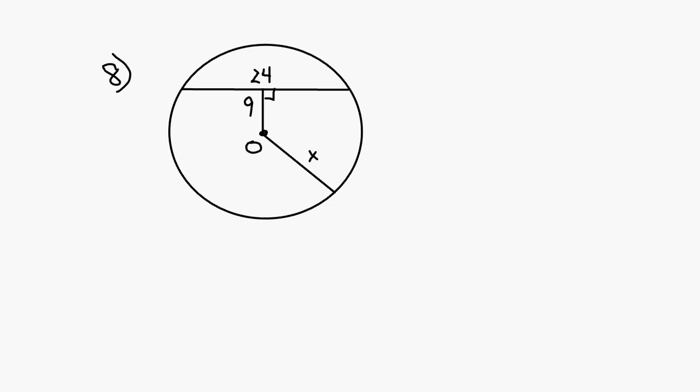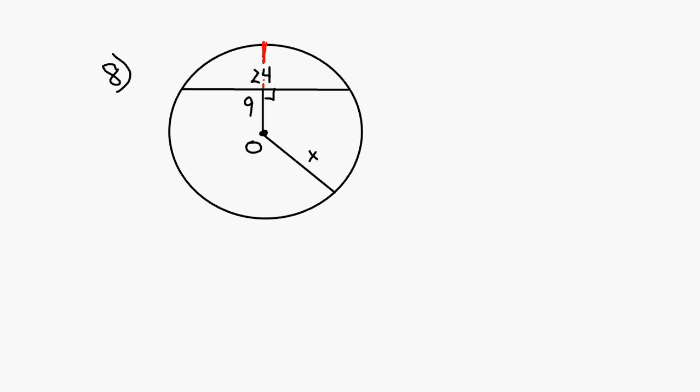O is the center of the circle. The figure is not drawn to scale. All right, you learned earlier in the year that if a radius is perpendicular to a chord, then it bisects the chord and the arc. Okay, so this little segment, this 9 segment that's perpendicular to this chord, if you extended it right through to here, it would represent a radius. Okay?